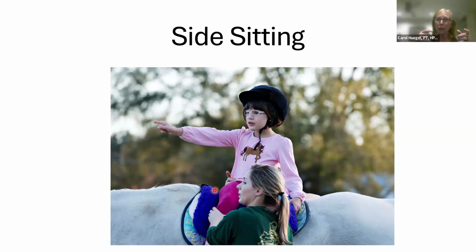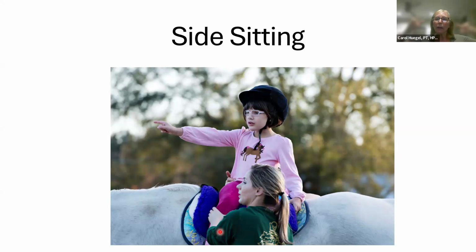So what I like to do in front of the patient is to have hands, this is my technique. Everybody's going to be a little bit different. I like to have hands directly under the knees. So you can see here how she's got the hand under the knee, and she's providing a little bit of approximation in towards the horse.